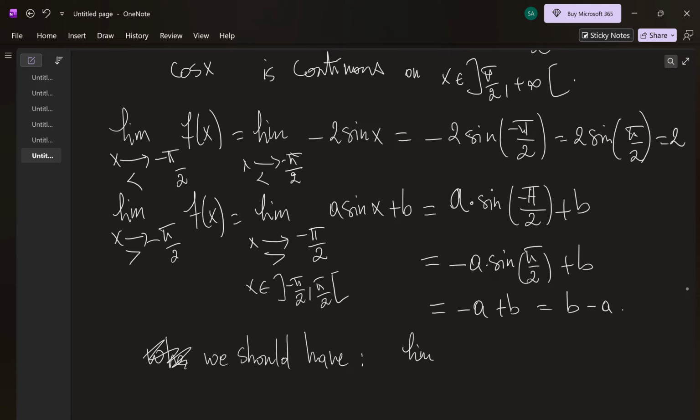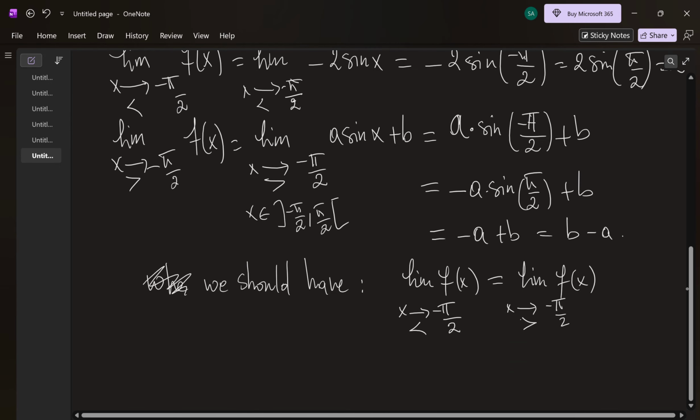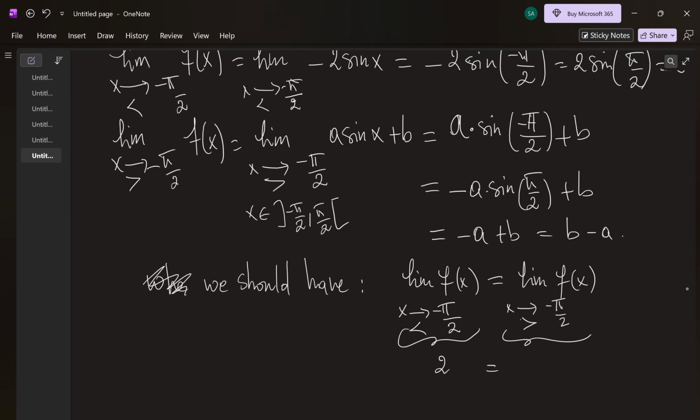Limit of f of x from the left is equal to the right limit of f of x, as x goes to minus p over 2. This value is equal to 2, and this value is equal to b minus a. So this is the first equation.